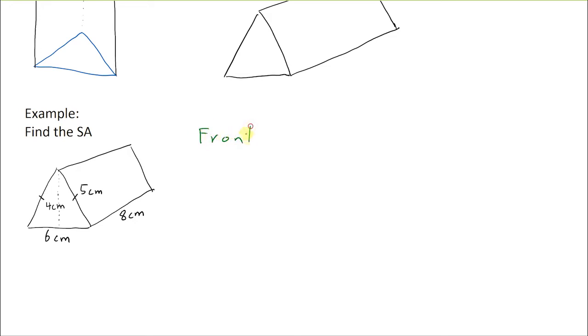We'll start with the front. Now you'll notice that the front is a triangle, but there's also a back, which is also a triangle, so we're going to include those together. So the front and back we can calculate at the same time.